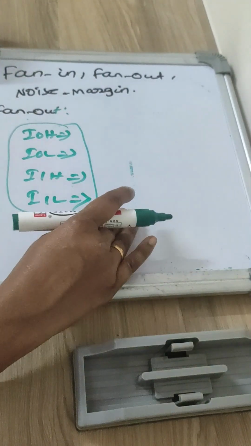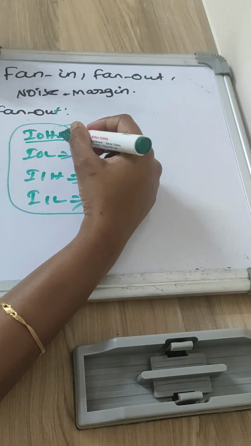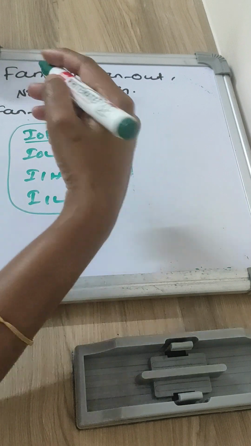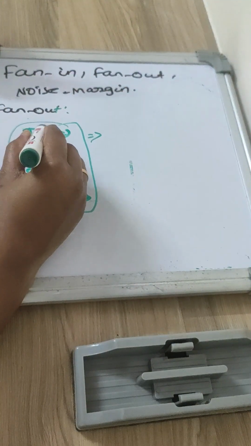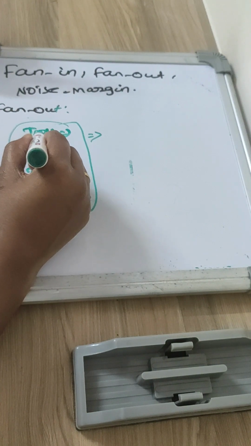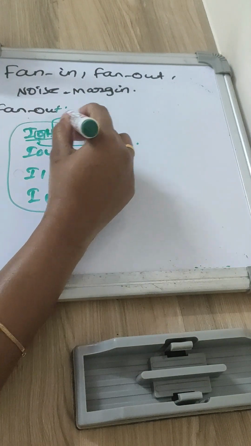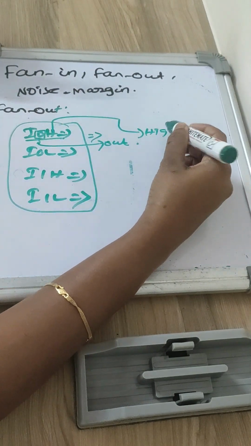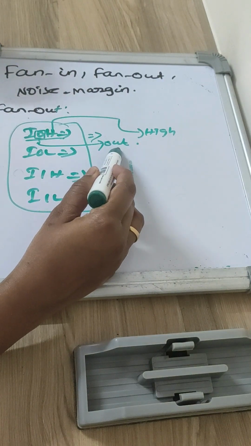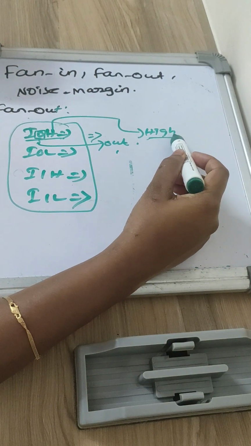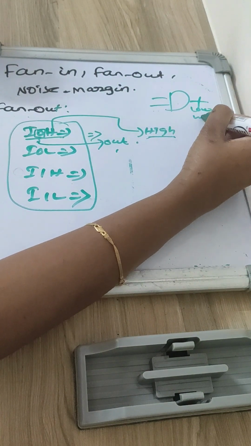Generally what does this particular IOH define? It tells the amount of current flowing through the particular output terminal. This O means out, and H means high. So that amount of current is flowing through the output terminal when your output is high. As a logical term we can say the output can be low or high, right?